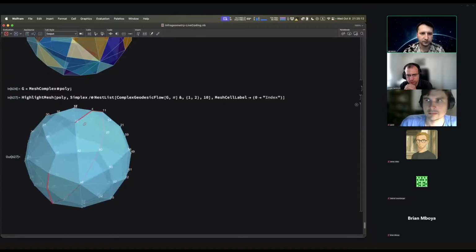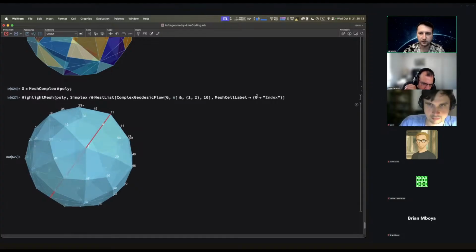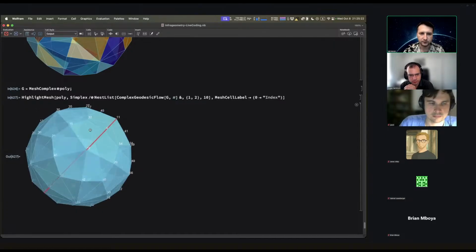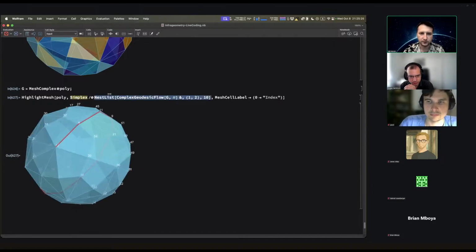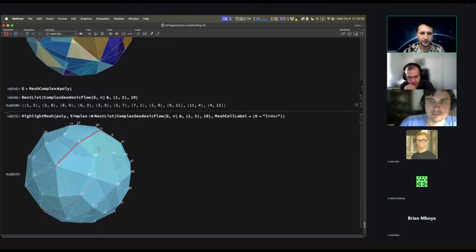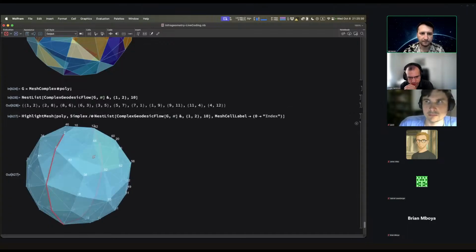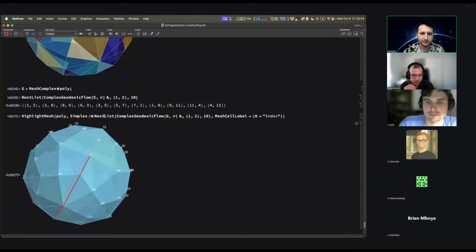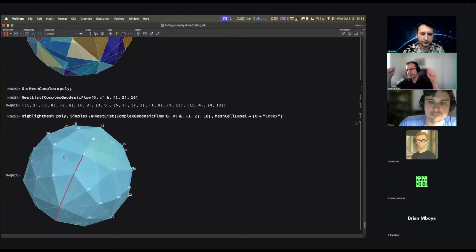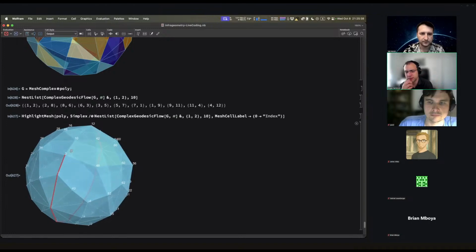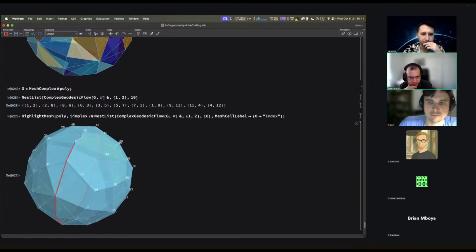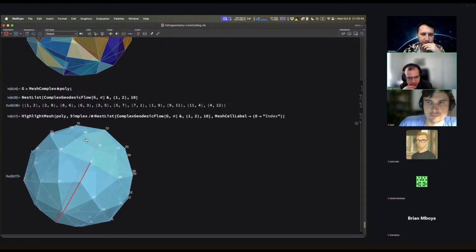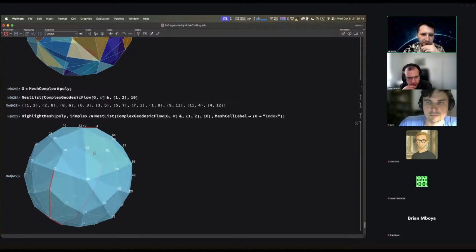Why is it? 12. Did it extend it on both directions? Where's vertex 1? I see vertex 2. Yeah, I'm confused too.